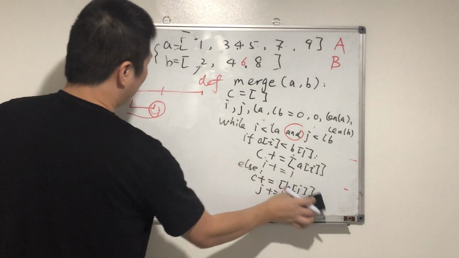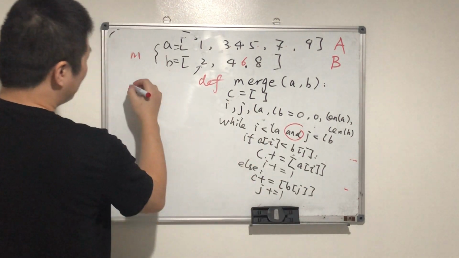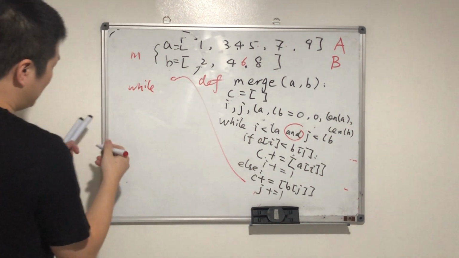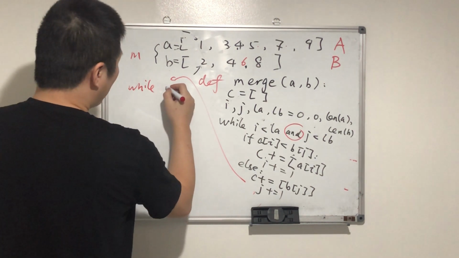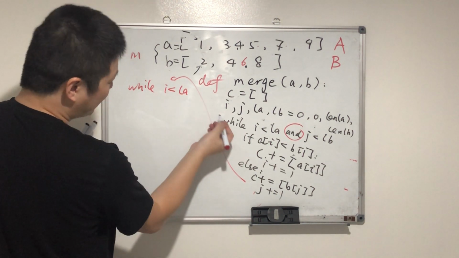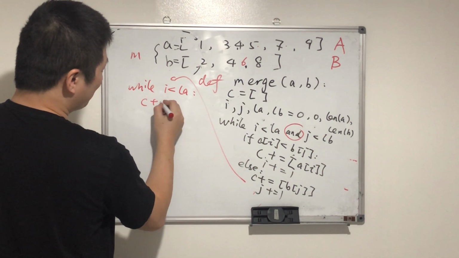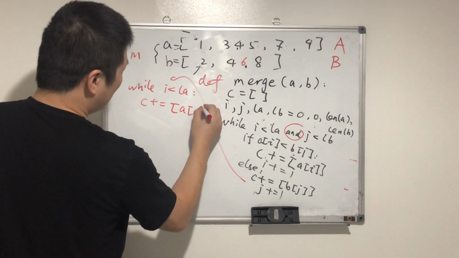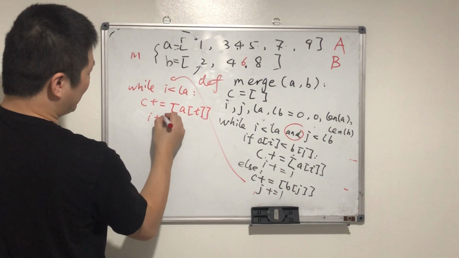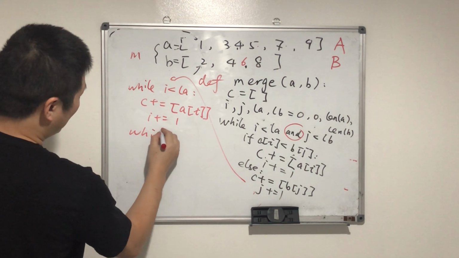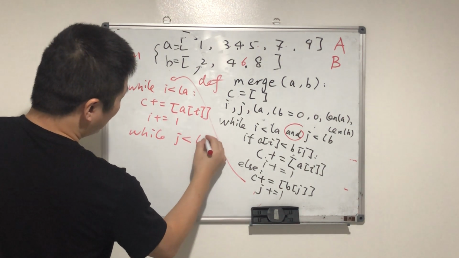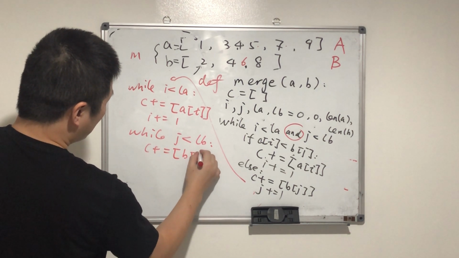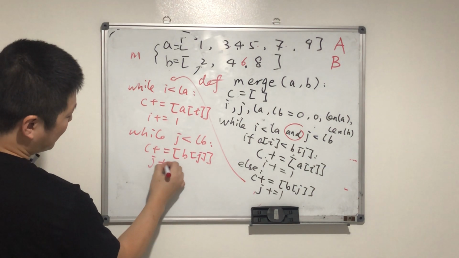While I is smaller than LA, if there is still an element there, then I need to continue pushing this element to the end, and I plus equals 1. And then the same for LB: while J is smaller than LB, C plus equals B[J], and J plus equals 1, right?